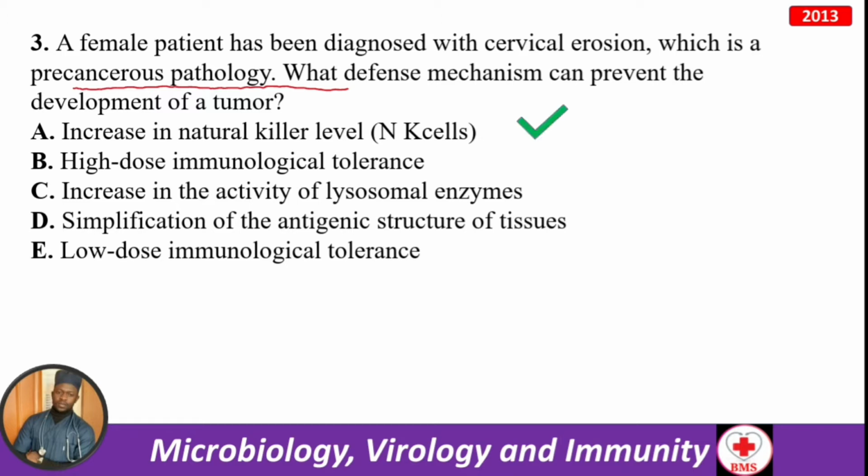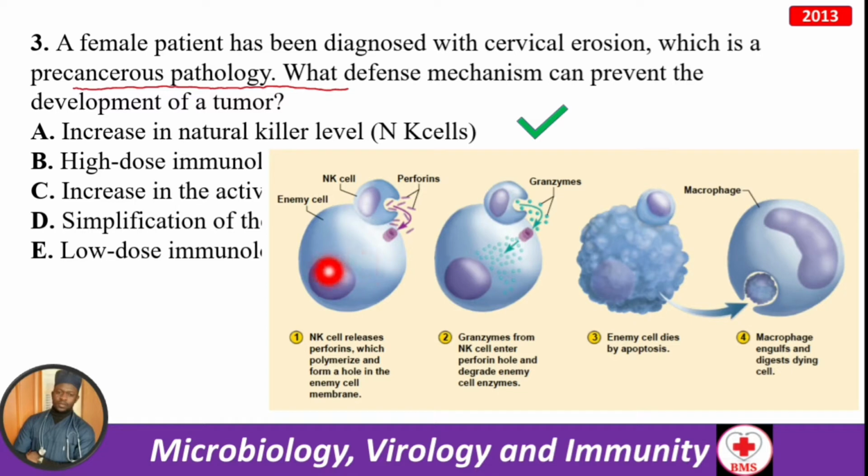Here is the mechanism. This big cell is a precancerous cell or a cancer cell, and this is our natural killer cell. On attachment to this enemy cell, it produces perforins, which will make pores on the enemy cell.